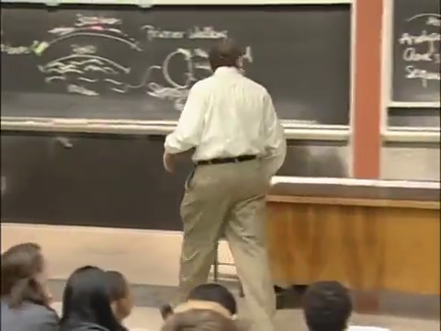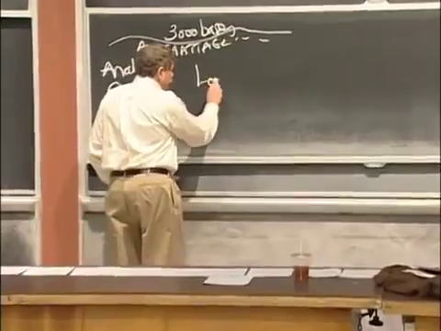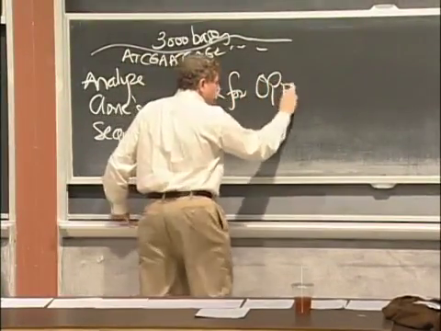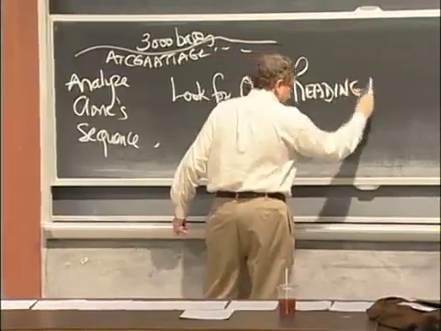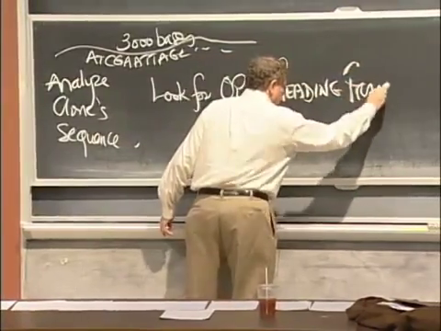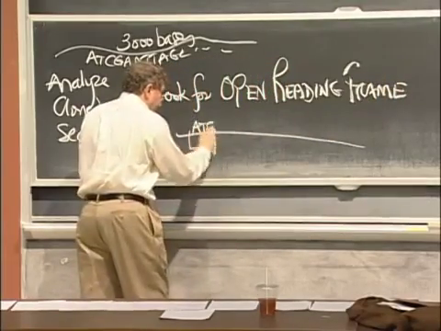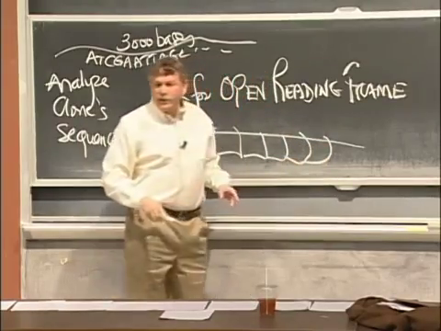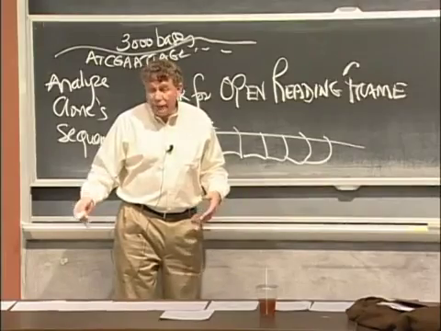So I could look for an open reading frame. By an open reading frame, I mean a long stretch that starts with an ATG and then goes on and on and on with no stop. How frequent are stops? There are 3 stops out of 64. 1 codon in 20 is a stop on average.